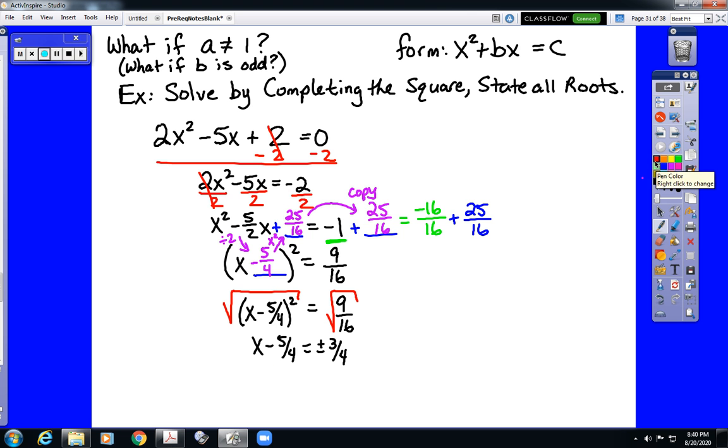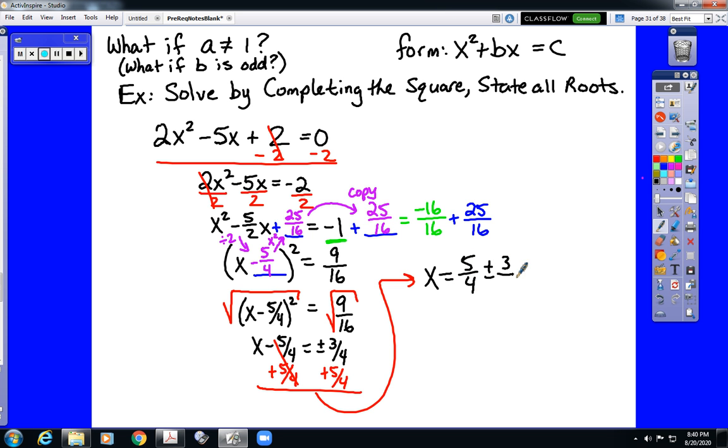We would then add 5 fourths to each side of the equation to get x by itself. I'm going to move up here into space. That shows us that we have x equals 5 fourths plus or minus 3 fourths. There is absolutely no reason why we cannot add those together. So we have 5 fourths plus 3 fourths for one answer, and 5 fourths minus 3 fourths for the other answer.